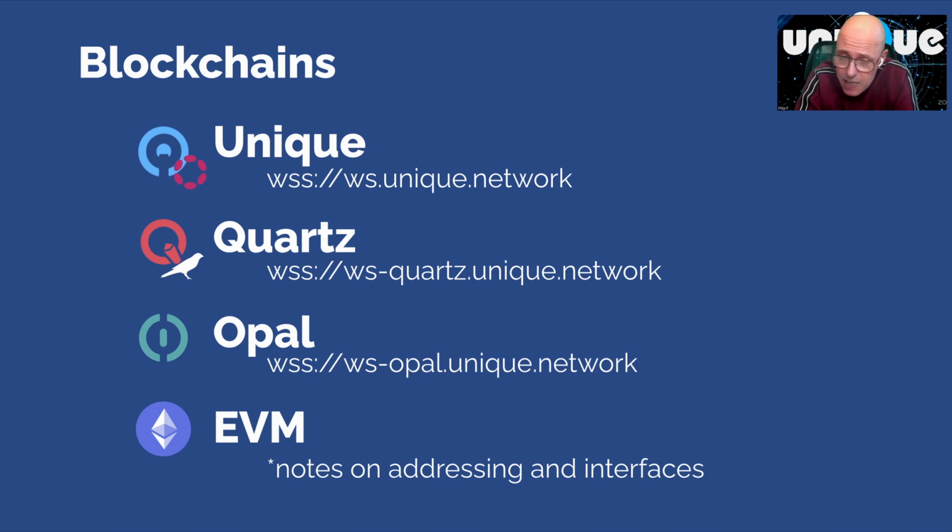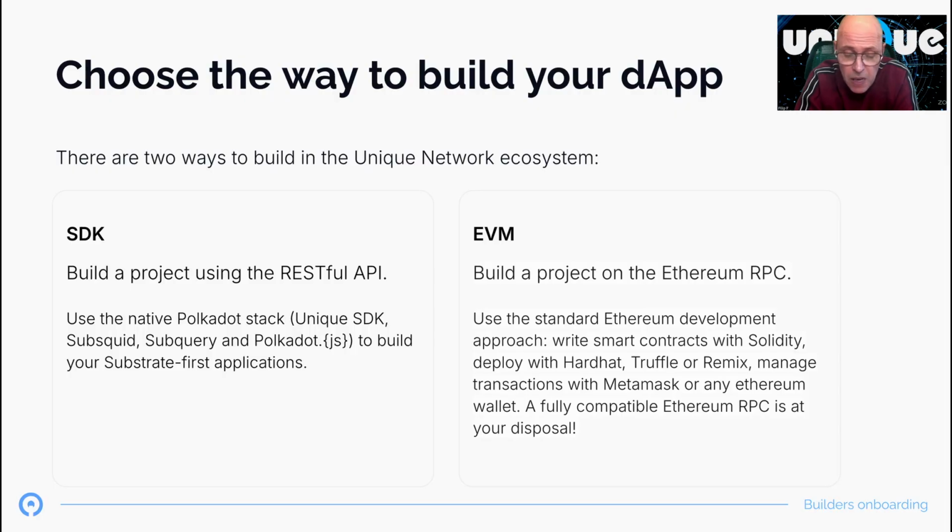There is one more aspect of Unique Network's development, the capability provided through the Ethereum Virtual Machine. Among those three chains, we also have an EVM. We're Substrate first, but we do have a fully functioning EVM.